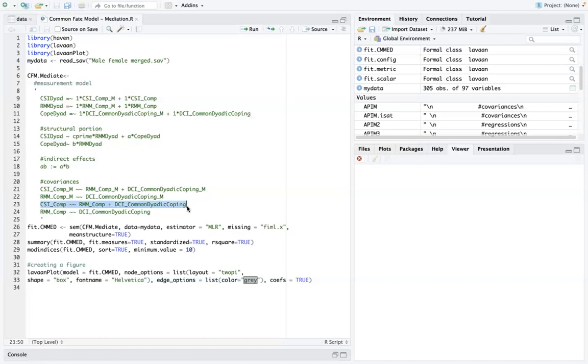So we want to take care of that using robust maximum likelihood with Yuan and Bentler corrections via a scaling correction factor. We also have missing data, and so we want to implement FIML in order to not have listwise deletion. And of course, my default is to include the mean structure. That's not all that important here since we're only really estimating covariances, but it's always nice to have.